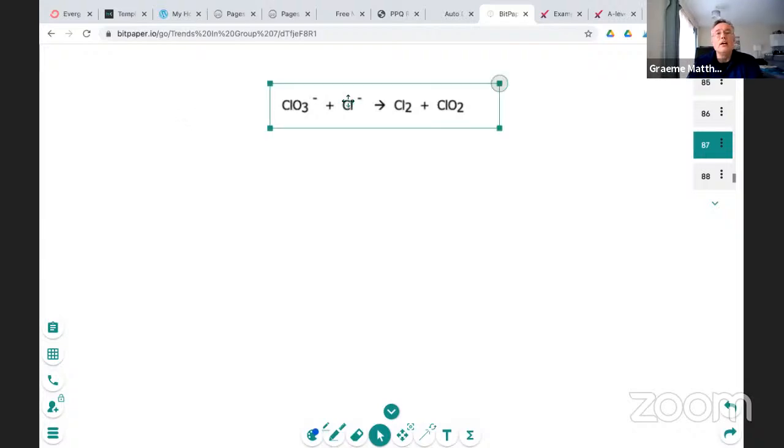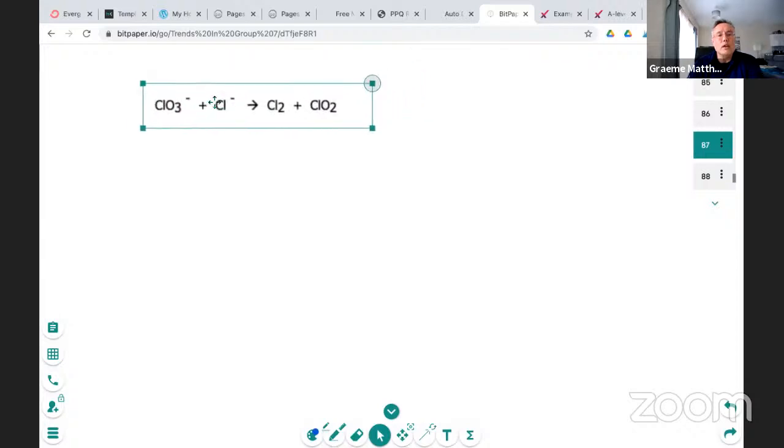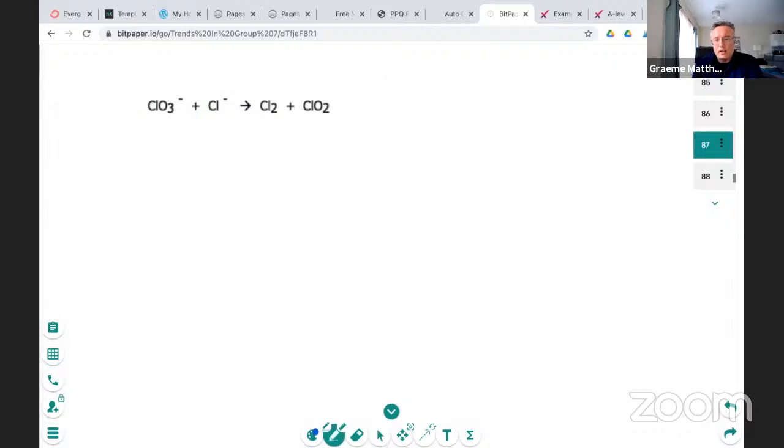I'm going to pick up exactly where we left off last time, which is balancing equations in royal blue. Balancing equations in alkaline media, like so.